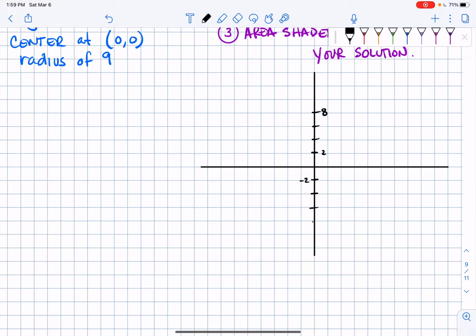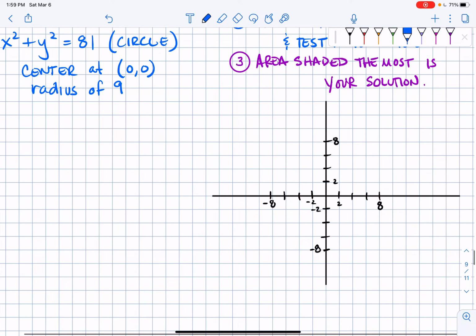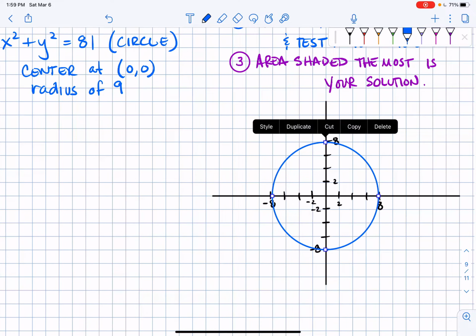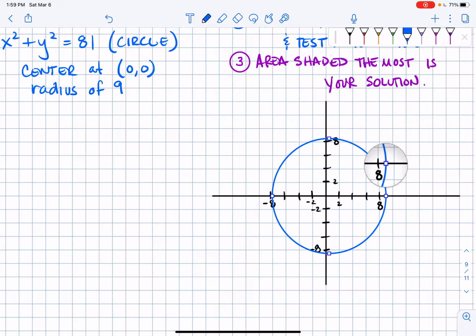So if that's the case, then I'm going to have a circle centered at 0, 0. Number 1, I need to center this. Number 2, I got to make this 9.